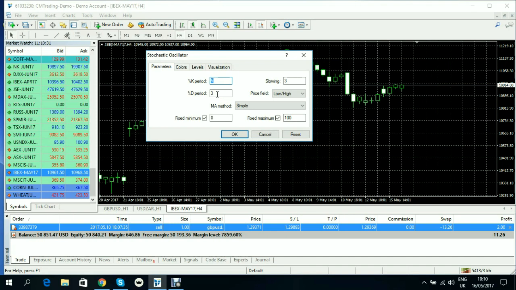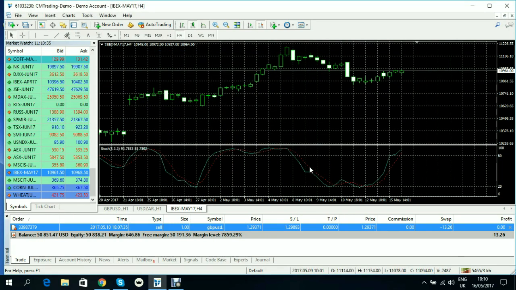Once all these things are in place, you click OK, and then you have your stochastic to work with. It is very simple to use, and I believe with patience and practice you will understand and you will use it effectively. Thank you.